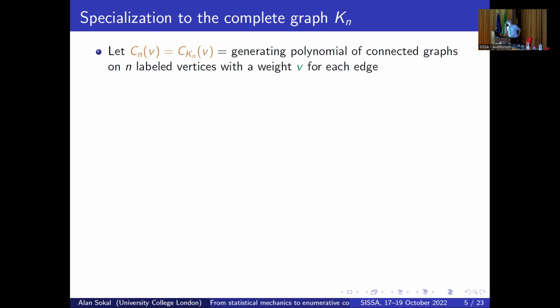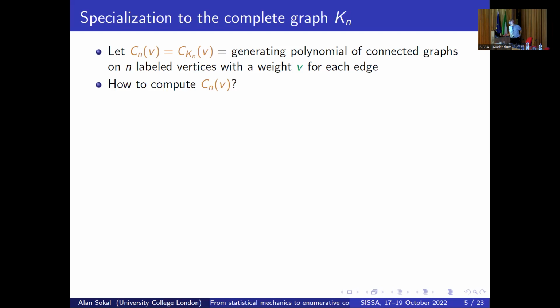And one thing that my experience as a statistical mechanician has led me to think is there may be special values of the parameters like v that are important, for example, phase transition points, but there's no a priori reason to believe that those are at v equals 1. Right? So you study the polynomial for arbitrary values, and then you see where you get interesting phenomena.